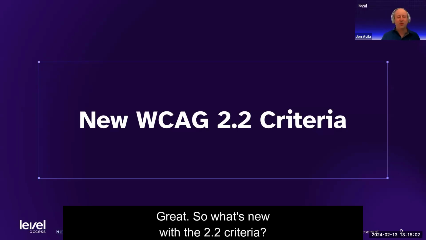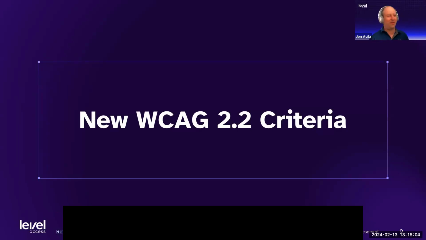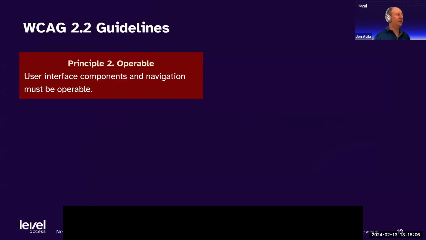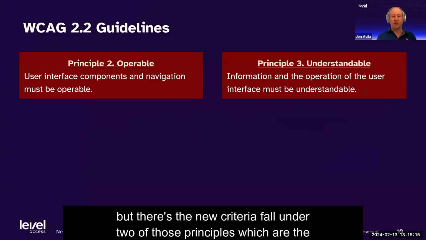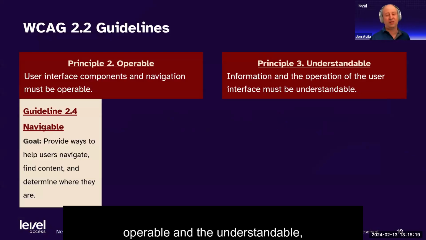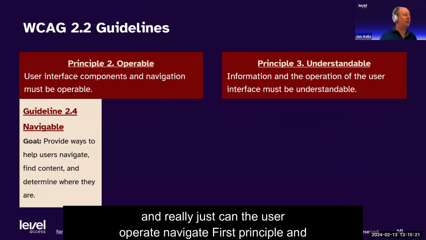Great. So what's new with the 2.2 criteria? Remember, there are 4 principles in WCAG, and the new criteria fall under 2 of those principles, which are operable and understandable. Operable is, can the user operate and navigate?